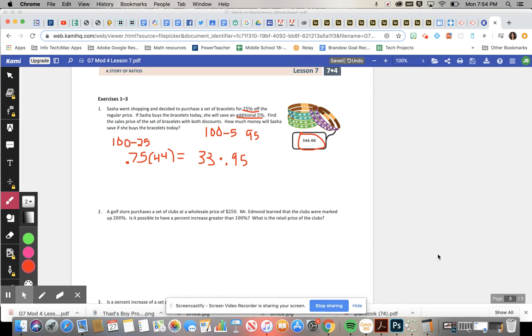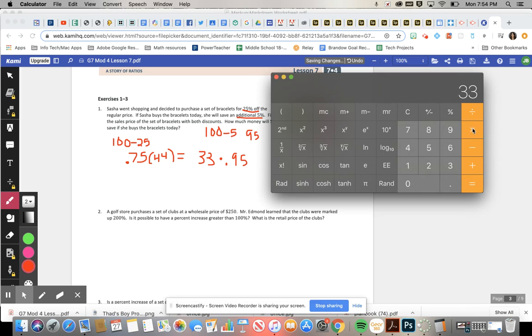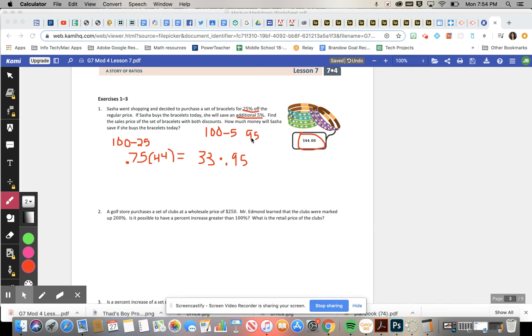So 33 times 0.95 equals $31.35. Whoa, that was a weird 3.